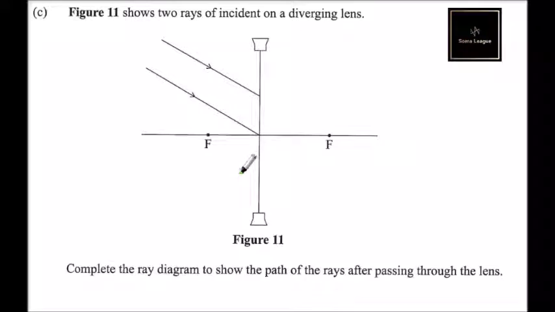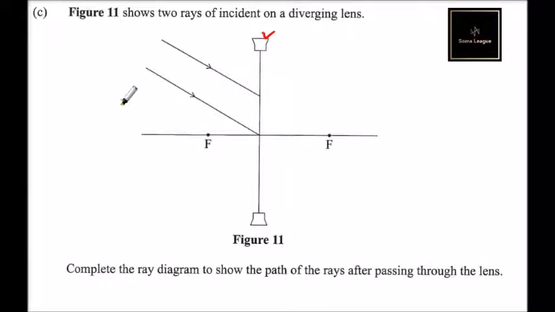Part C of question number 17. Figure 11 shows two rays incident on a diverging lens. This is the symbol used to represent diverging lenses, and these are the two rays. We are told to complete the ray diagram to show the path of the rays after passing through the lens.